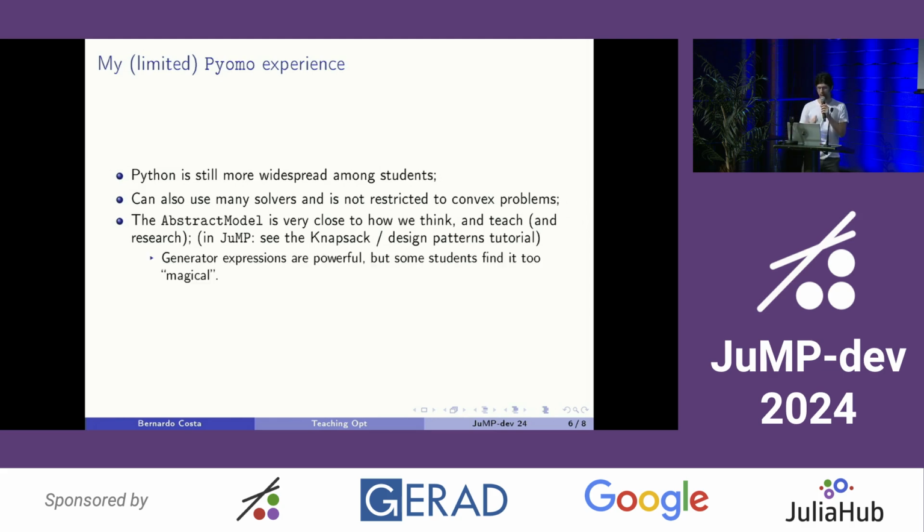And the only drawback of that, again coming back to what I teach, is that students find these generator expressions sometimes magical because they don't see how it's implemented under the hood. So that's always something that has bothered me, because the more powerful and abstract you get, the harder it is for the students to understand what's going on.